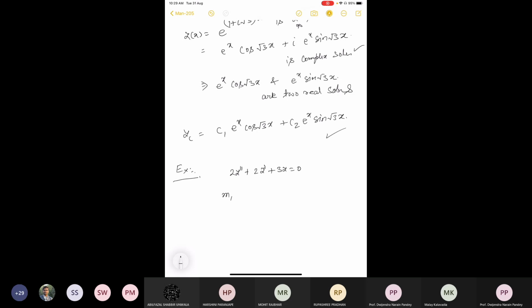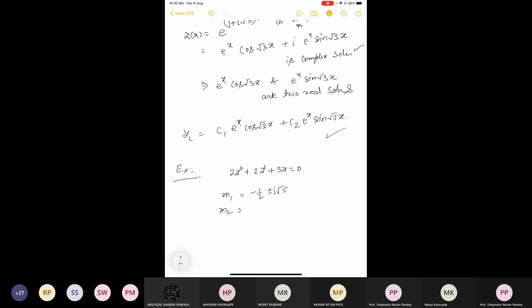What are m1 and m2? Minus half plus minus root 5 iota.